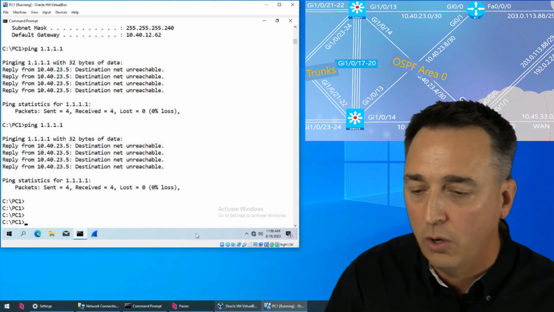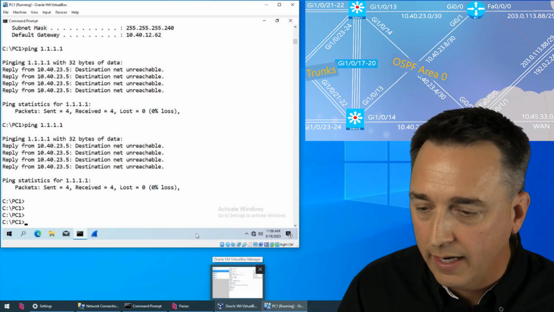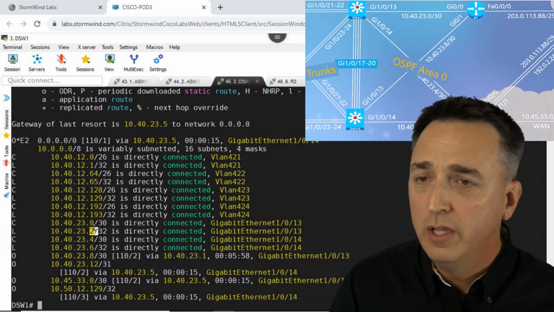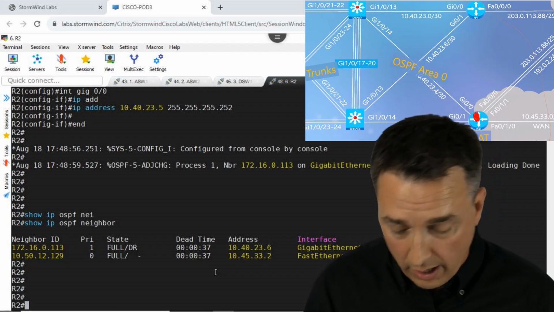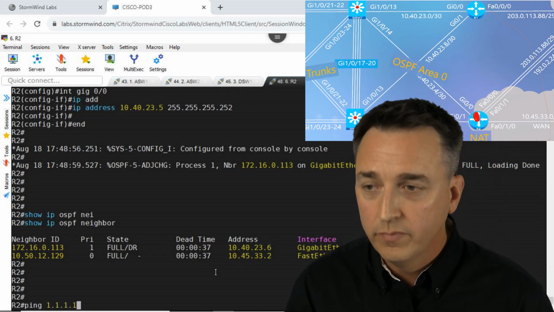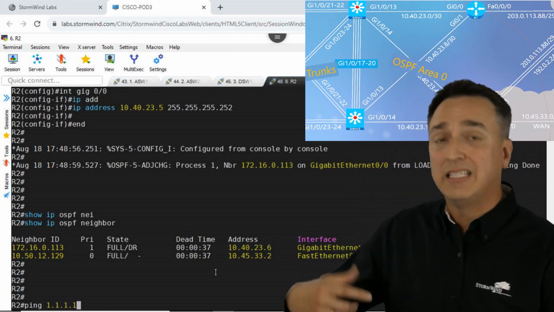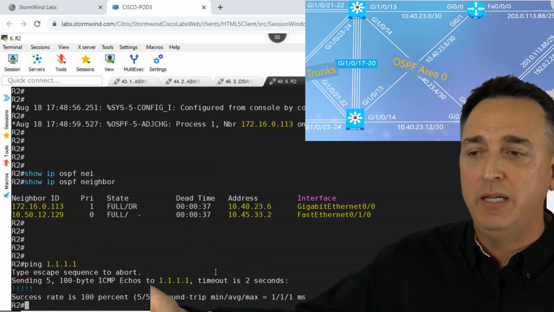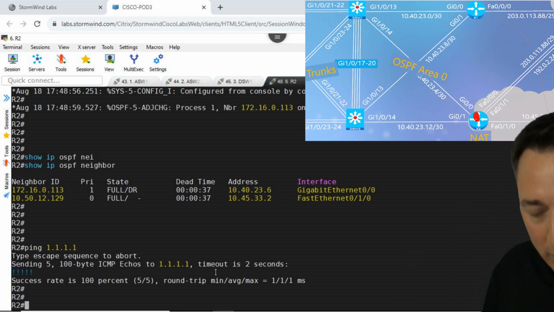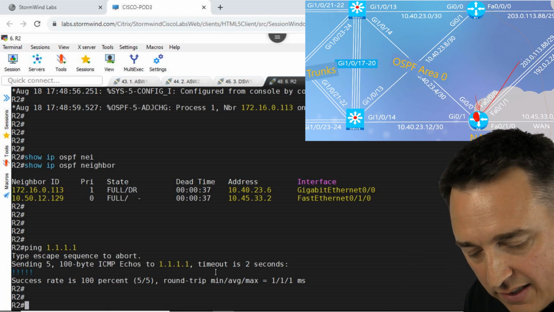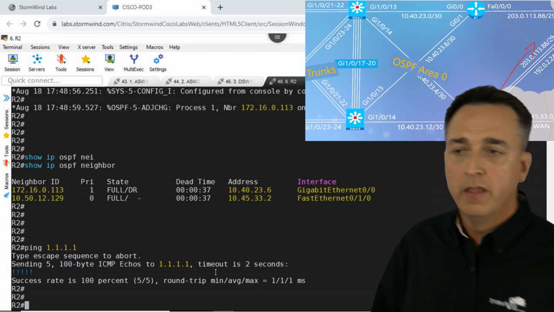All right, so let's go to R2. On R2, first thing we're going to do, folks, we're going to ping 1.1.1.1. Can we even get there? Because if we can get there, we know it's not an ISP problem. Oh, look at that. We can get there. All right, so whatever's happening locally on the device can get out.